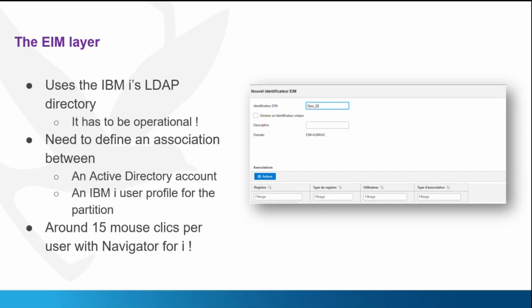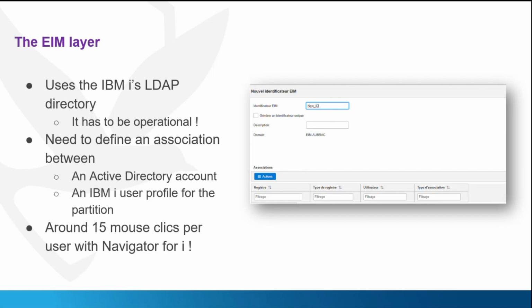And then there is the EIM on the IBMI. So the EIM uses the LDAP server on the IBMI. It's kind of an equivalent to a domain in the IBMI sense, but pretty much different and pretty hard to configure properly.